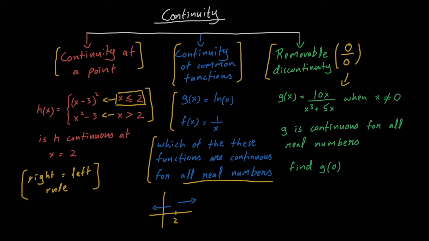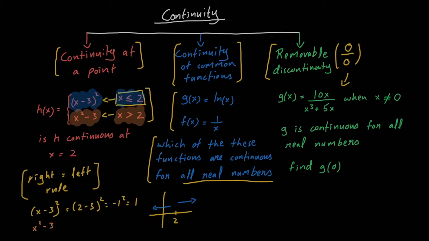For values less than or equal to 2, which is the left side, the equation is (x minus 3) whole square, and we will simply plug in 2 and get (2 minus 3) whole square, which is negative 1 whole square, which is 1. For the right side, where values are greater than 2, we have the equation x square minus 3.